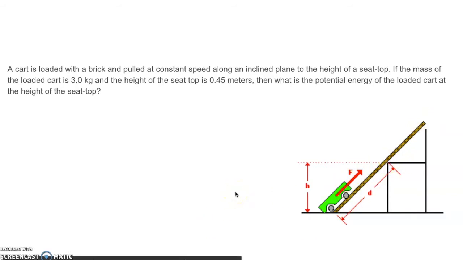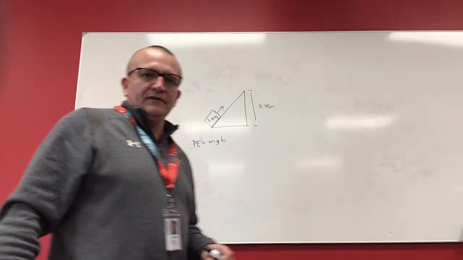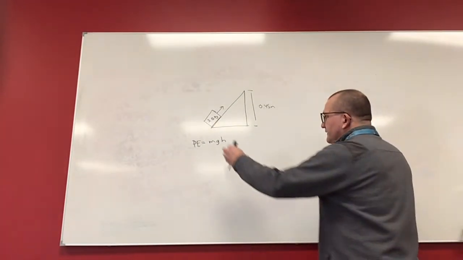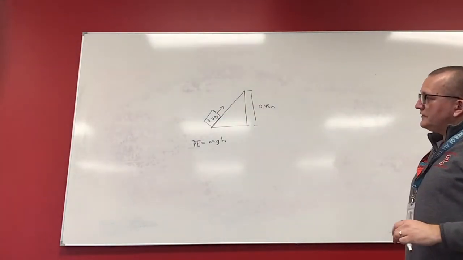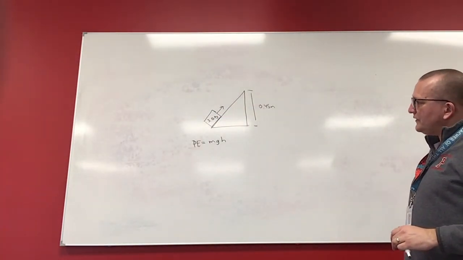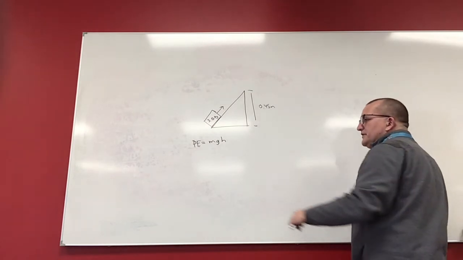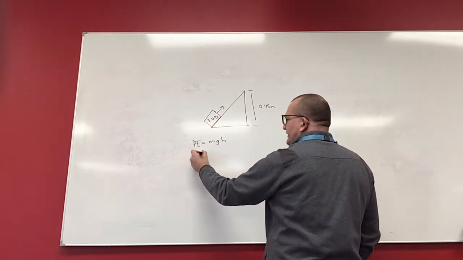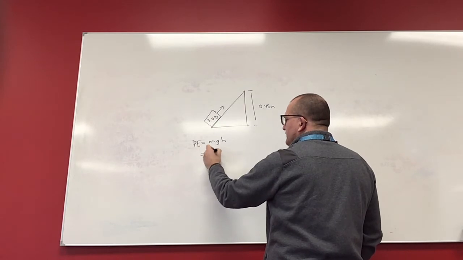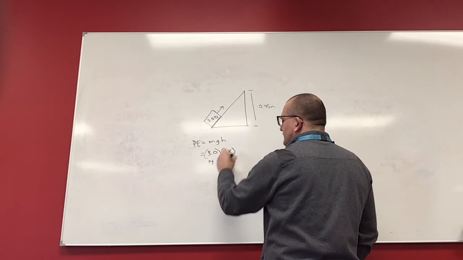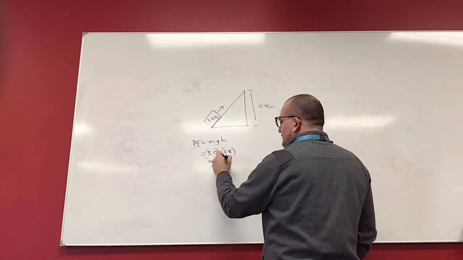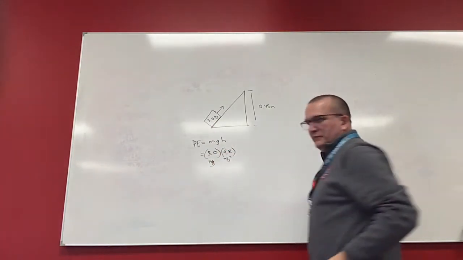All right, so we are taking this cart and we're pulling it up this slope. Now, the big thing here to understand is that potential energy is mass times g times height. Our mass of our cart is 3 kilograms. g is the acceleration due to gravity, so it's 9.8 meters per second squared.